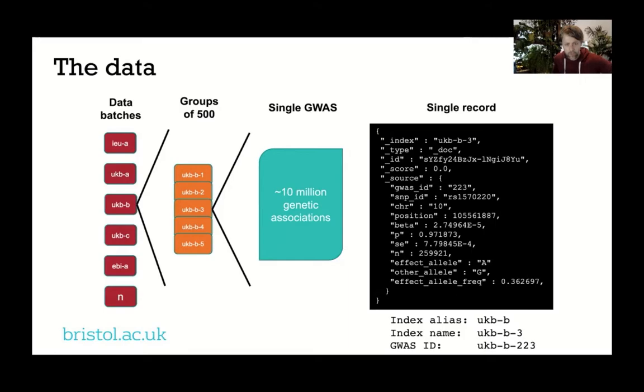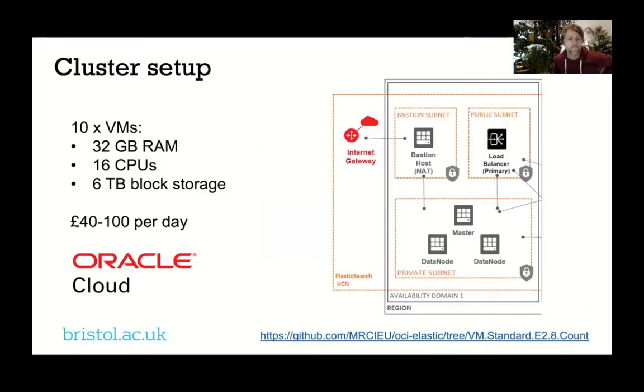Each GWAS of those 500 contains around 10 million genetic associations, and each individual record looks as shown on the right there. So we have around 10 fields, a mixture of keywords and integers and floats. And so the actual data itself is relatively simple. It's just there's lots of it.